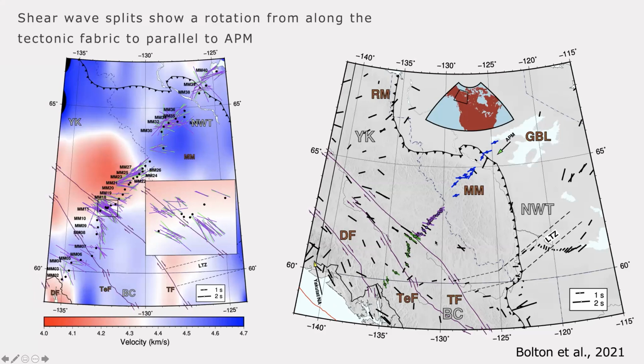So assuming that there's only one layer of anisotropy, we've stacked the uncertainty surfaces, and what we see is the green splits, which align with the tectonic fabric, the purple splits, which show rotation, and then the Mackenzie Mountains splits and cratonic splits, which seem to match with absolute plate motion.